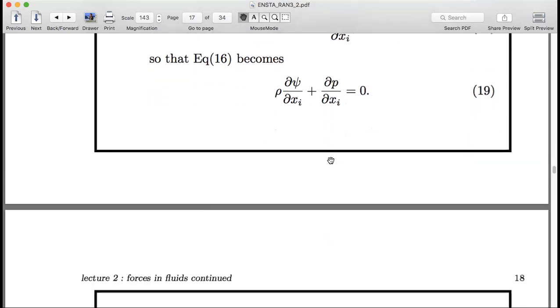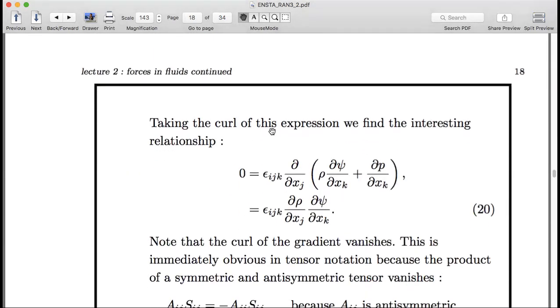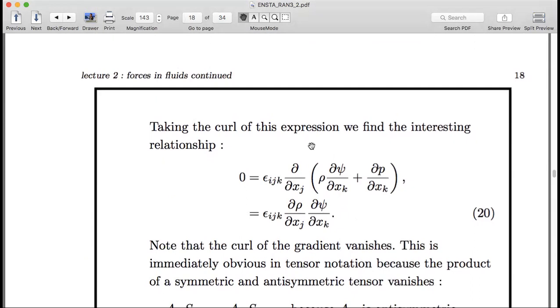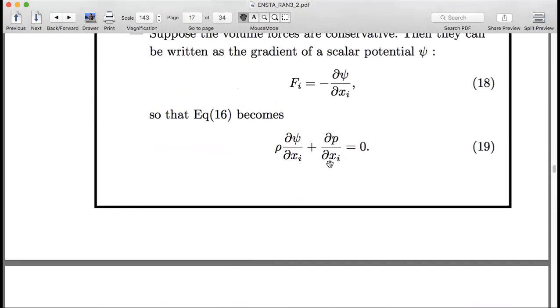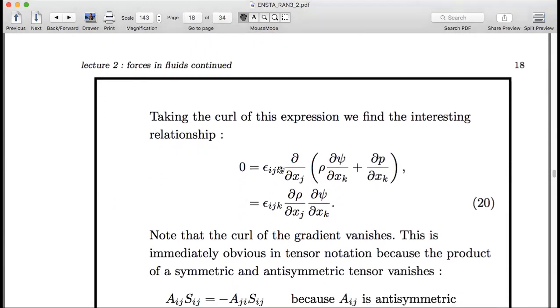I guess I'm talking in vector language because I thought that might be more familiar. But mathematically, I'm writing it in tensor notation because I think that's easier to use here. You can forget that it's a tensor if you like, and just say I have some pressure field and I'm taking the xi derivative. I have some psi function and I'm taking the xi derivative and adding them together.